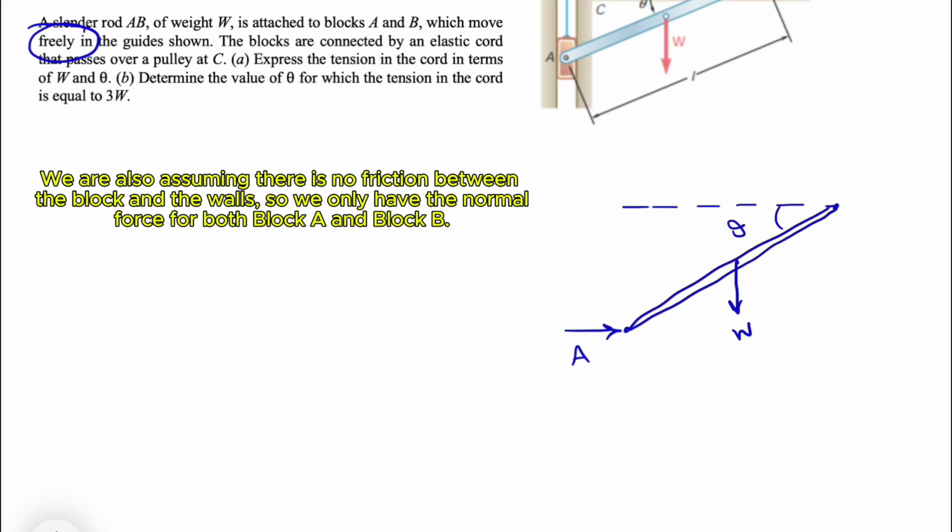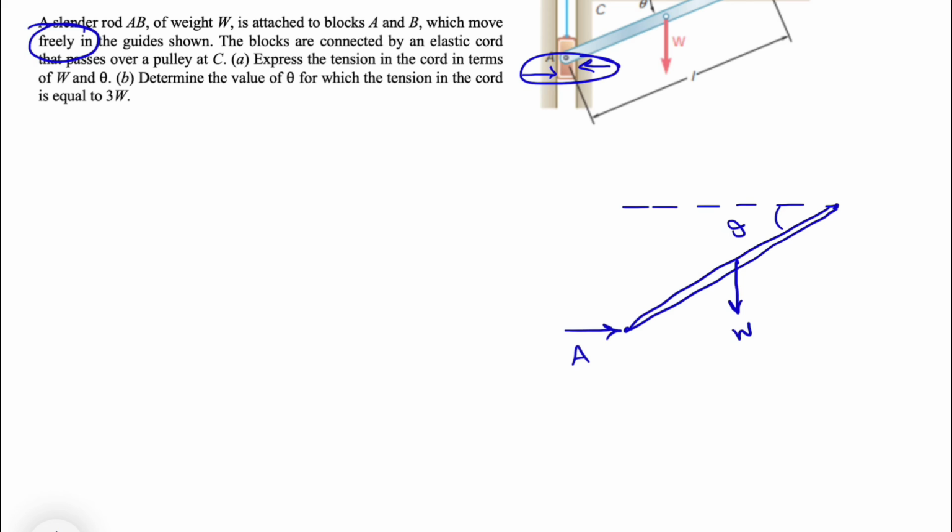You might ask, how do you know if the normal force would be from this wall to the block A or this one? The answer is we don't know for now. What we can do is consider one single force as a resultant of these two in this direction and see what we get. We're going to do the same thing for B, and this would be our force.